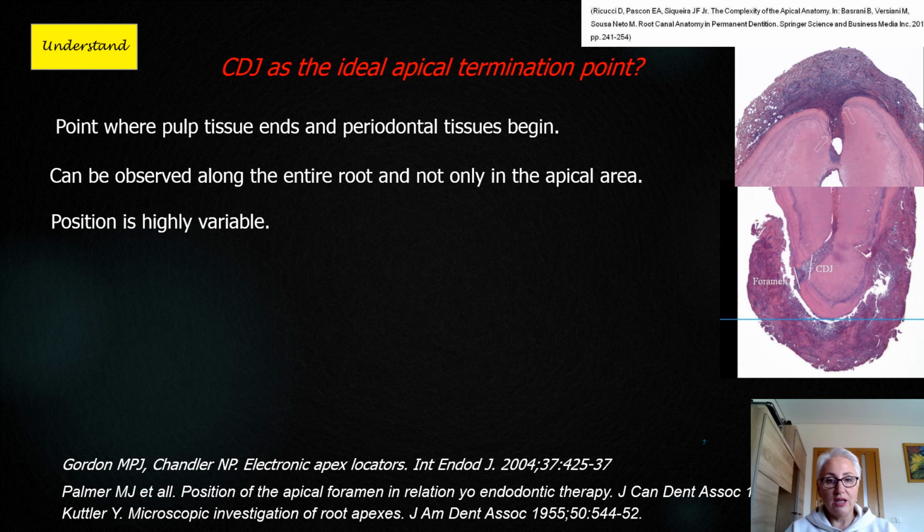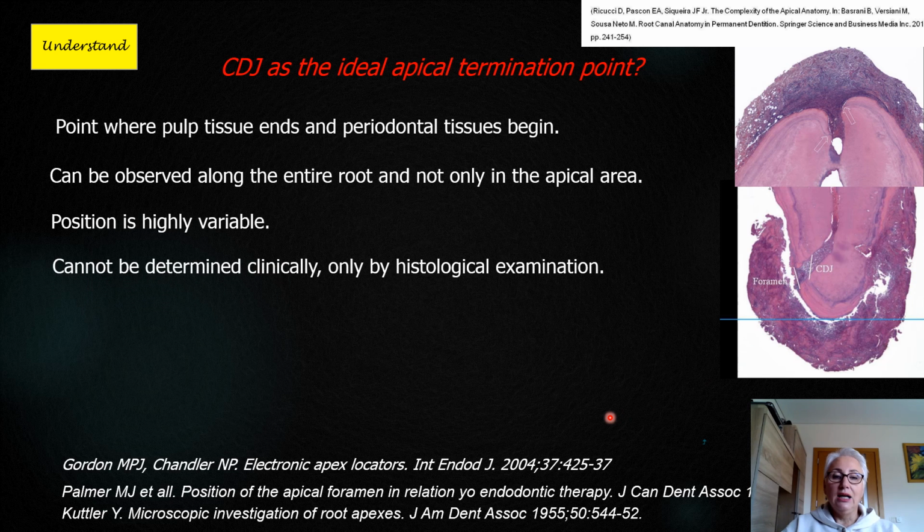And its position is highly variable. You can see that on one canal wall it is at one position, and on another canal wall it could be at a totally different level, so a different distance from the apical foramen. And the worst thing is that this cementodentinal junction cannot be determined clinically, only by histological examination.